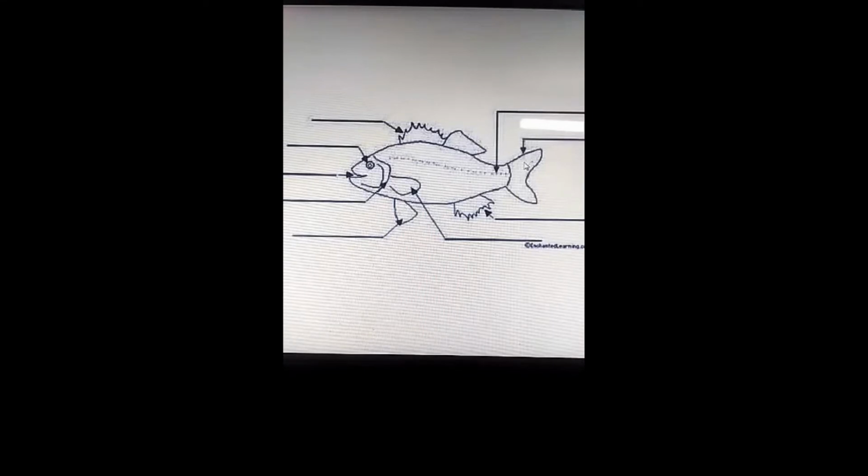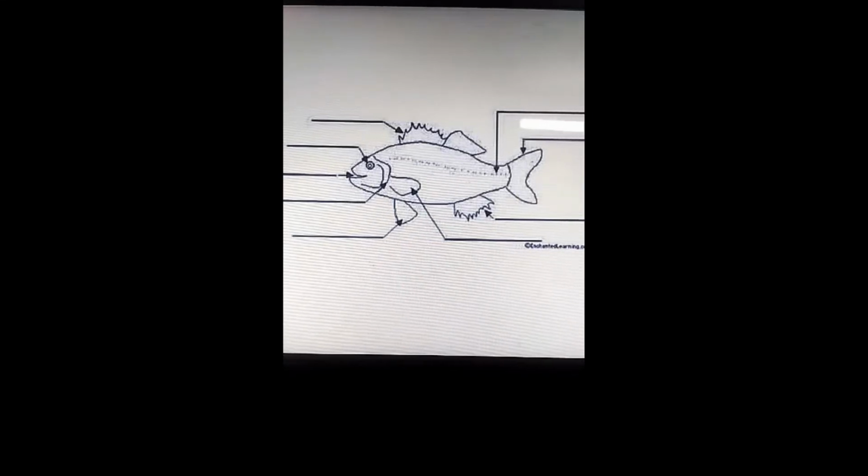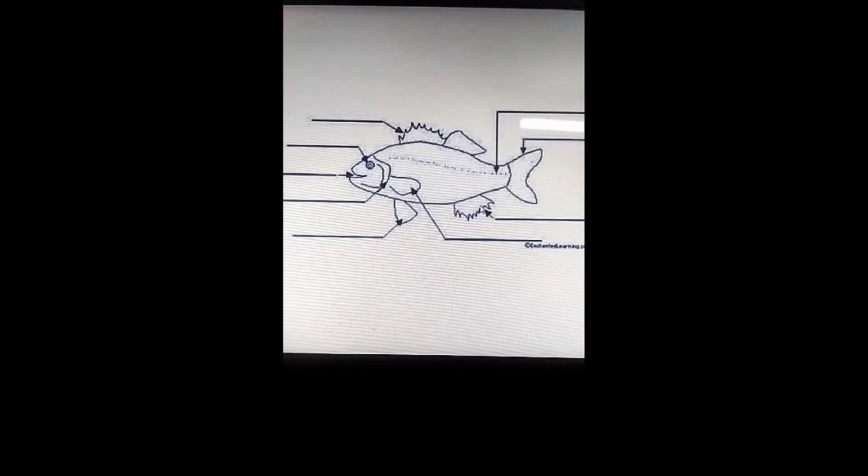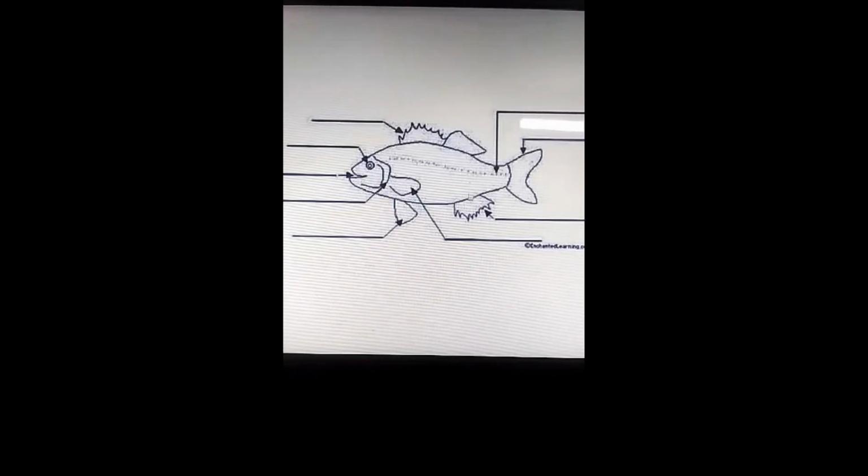This is the tail fin. Can you see this smooth line here? This line is the scale, and the last one is the anal fin. It is near the anus. That's why it is known as the anal fin. So you can easily label this diagram. You can take help from your book, no problem.